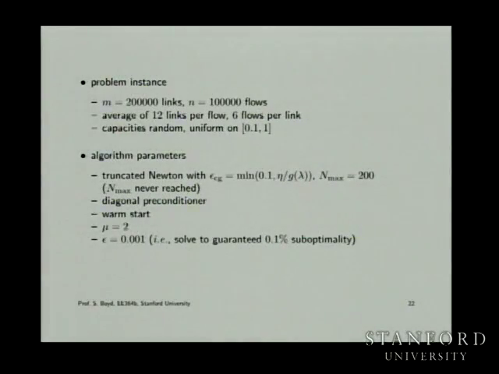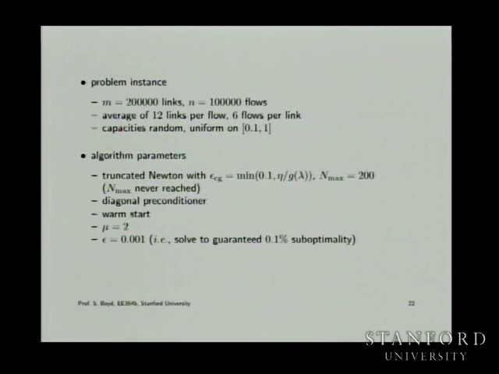So here's a problem instance with 200,000 links and 100,000 flows. So it's a reasonable size problem. Each flow has a length of about 12, so each flow goes over 12 hops, 12 links in the network. And each link has about 6 flows on average going through it.